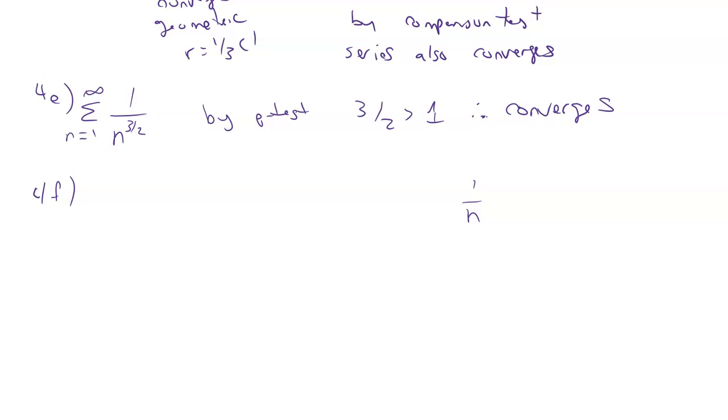And we know that if we go faster in the denominator, 1 over n squared, 1 over n cubed, 1 over 3 to the n, these are all converging because the denominators are getting fast. But if we go slower than 1 over n, 1 over the square root of n, for instance, we know that we are diverging.